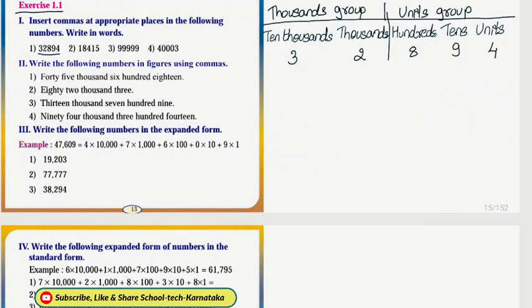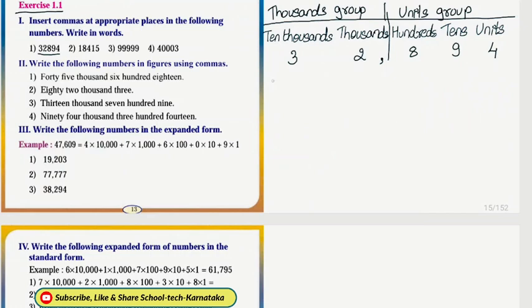So while placing comma, we need to place a comma after a thousands group. So to place comma after a thousands group, where do we place it? Here. It is important to remember to place comma after a thousands group.